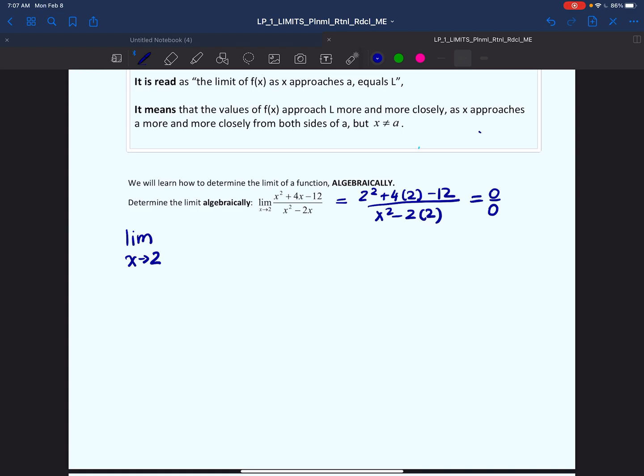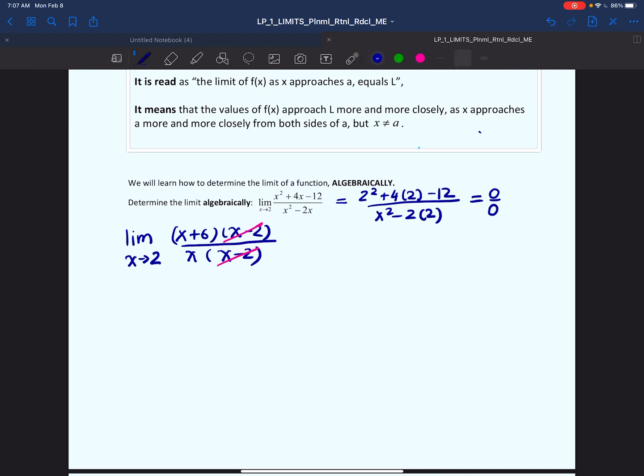Step 1, factor both numerator and denominator. So in this case, we have (x plus 6) times (x minus 2) as the factors of the numerator, and the denominator is x (x minus 2). As you can see in here, x minus 2 and x minus 2 simplify. That's the removable asymptote we were talking about. The function was supposed to have an asymptote at 2 and at 0, but these two factors simplified.